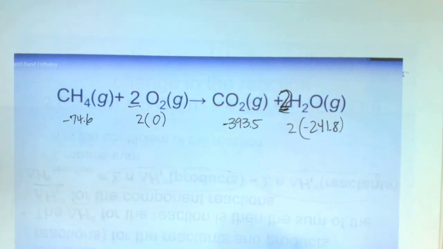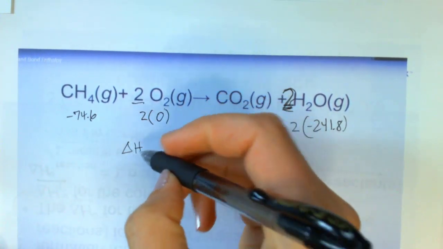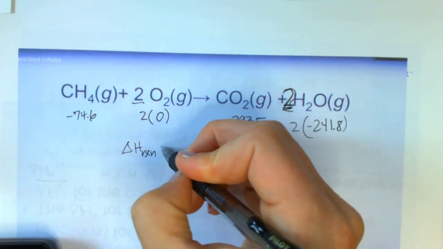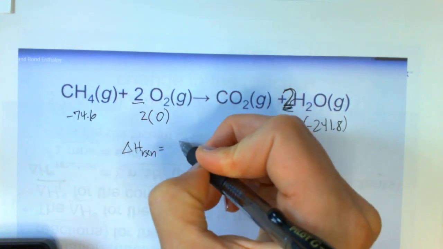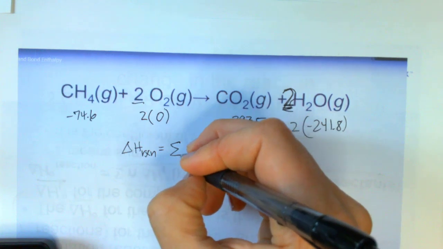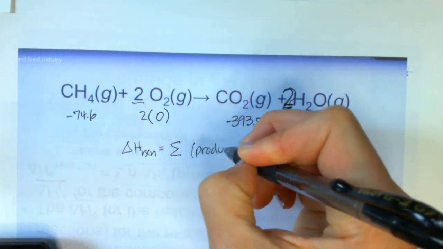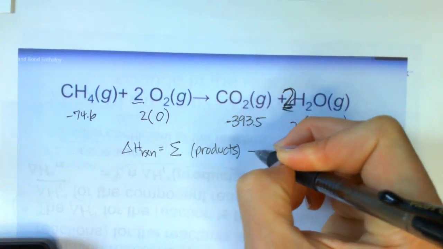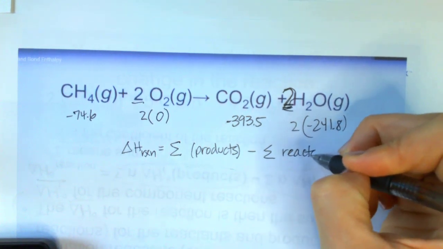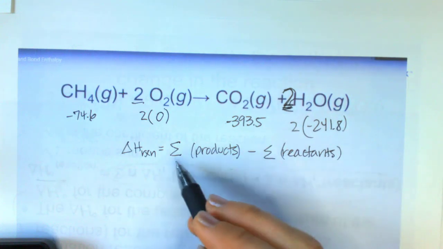So now we just need to do some math, because remember we learned that delta H for the reaction, we could look up the heats of formation and find it by summing the products minus the sum of the reactants. Okay, so let's do our products first.